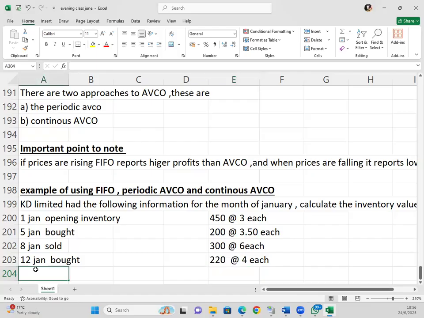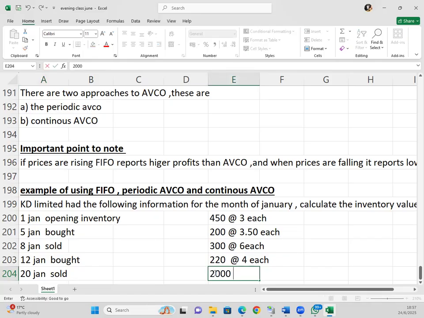Lastly, let's say instead of 12, let's say 20 January, sold 200 units at $8 each.